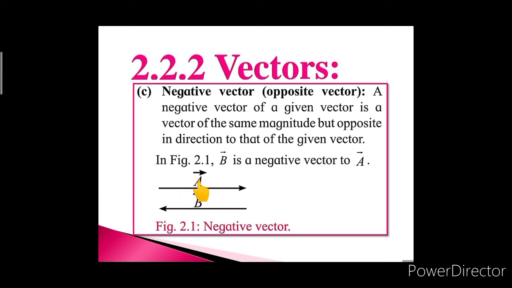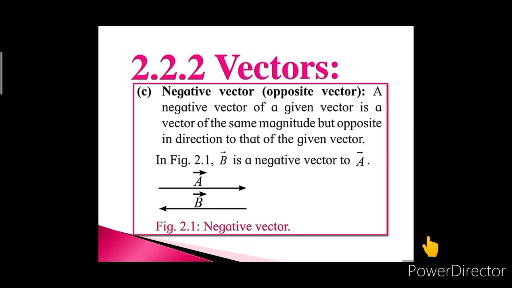Vector A has the same magnitude as vector B, but their directions are opposite. So we can say that vector B is a negative vector of vector A, and hence we can write vector A is equal to minus vector B, where the minus sign indicates the directions are opposite to each other.